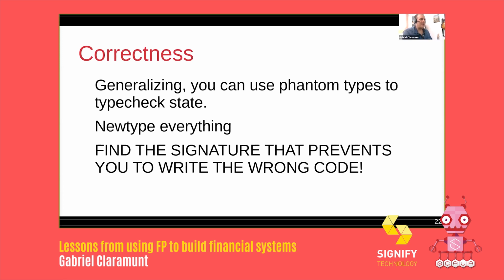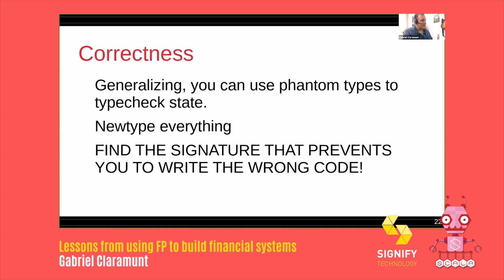Try to find a way that your code cannot be wrong, and that helps a lot. When you're under pressure to write the correct thing, if you already have your foundations laid down in a way that you cannot assemble the wrong things, it's better.